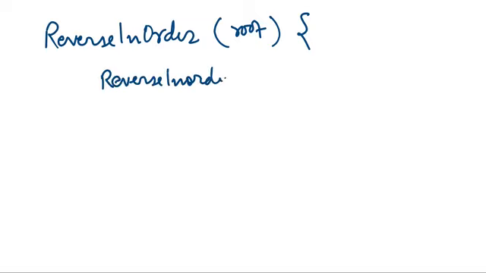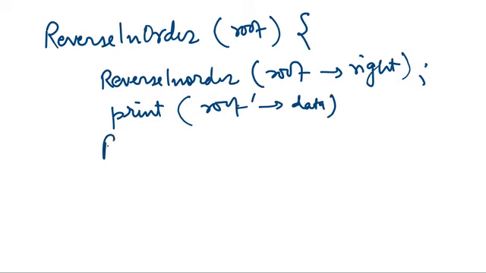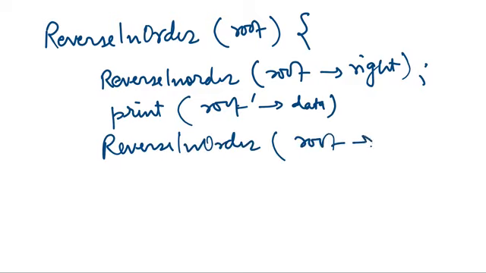So reverse in order of root's right, then print root's data, or root node data, and then reverse in order of root's left. So this will traverse all the elements in descending order of their value.